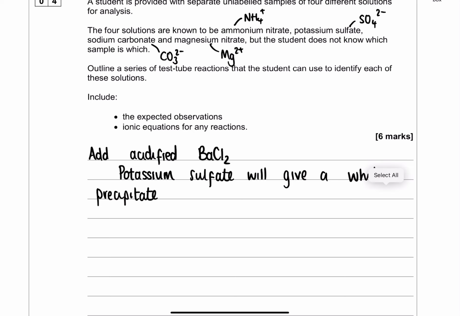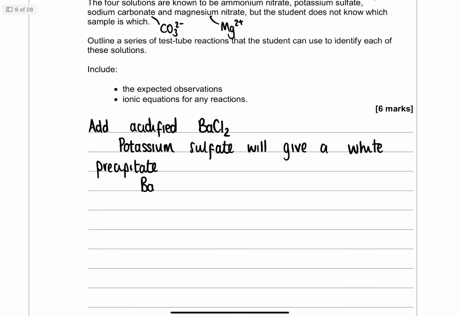And that is because the barium ions will react with the sulfate ions to give the white precipitate of barium sulfate.